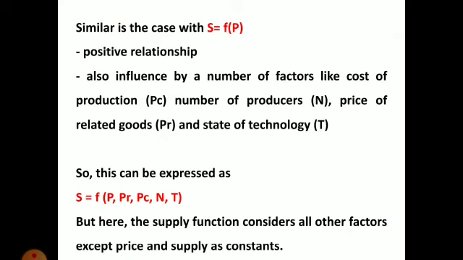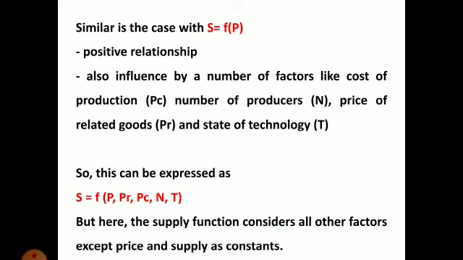Supply is a dependent variable, price is an independent variable. But again, things get complicated when there are other factors influencing supply. We know that supply is influenced by a number of other factors like cost of production, number of producers, price of related goods, and state of technology.